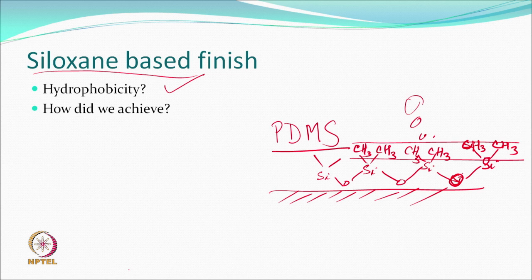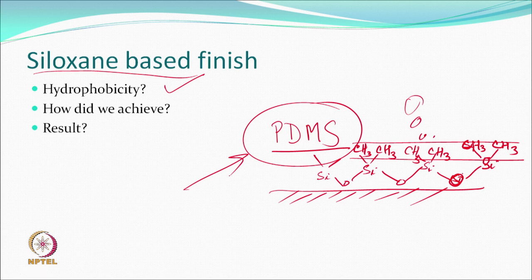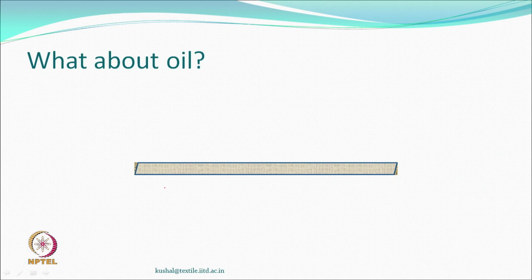So, how did we achieve it? Using siloxane molecules, polymer molecules which could be attached to the textiles. The result is repellency. So, they repel. What about instead of water, we had oil?